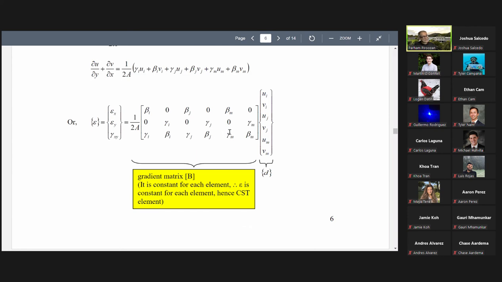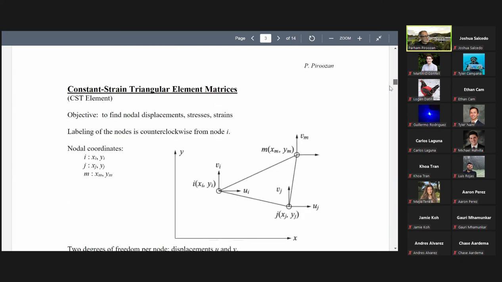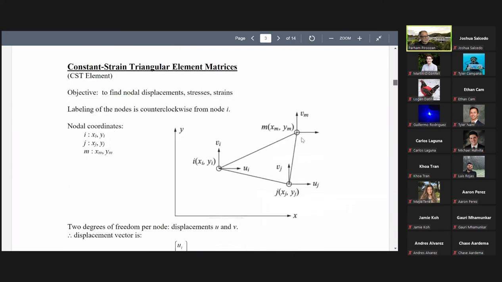It is not the case for more advanced types of elements, like another version of this triangular element with mid-side nodes. So there is one node here, one node here, one node here. That element behaves differently. It depends at what point you want to find the stress.